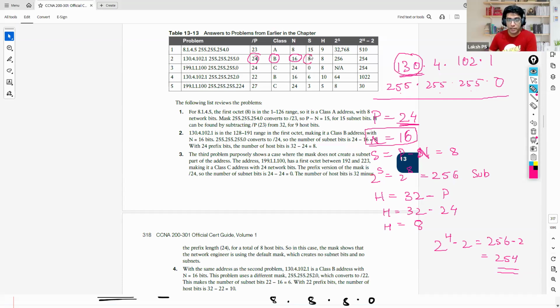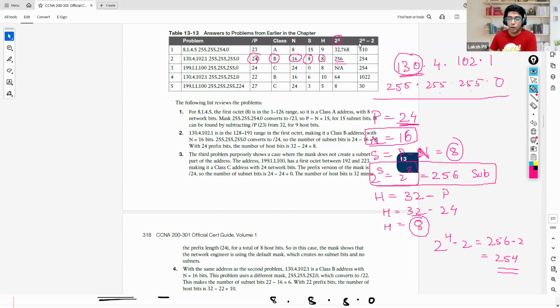How many subnet bits are there? 8. We calculated it right. 8 subnet bits. How many host bits will be there? 8. Right. So we calculated it correctly. How many subnets can be there? 256. Right. So 2 power 8 gives us 256, which we calculated correctly.